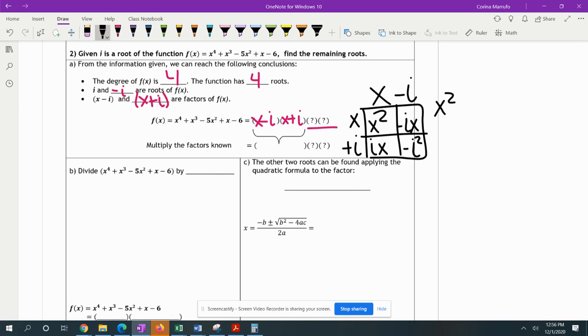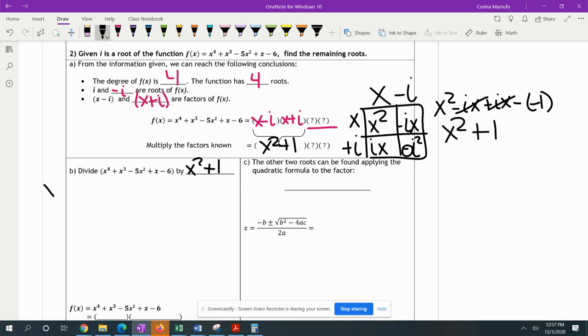We get x squared minus ix plus ix minus, and then instead of i squared, we write it as negative 1. This is the minus, and then the i squared we substitute as negative 1. So that means that two negatives make a positive. These cancel each other out, so we're left with x squared plus 1. Okay, once we figure that out, that means that we're going to have to divide this equation by x squared plus 1.